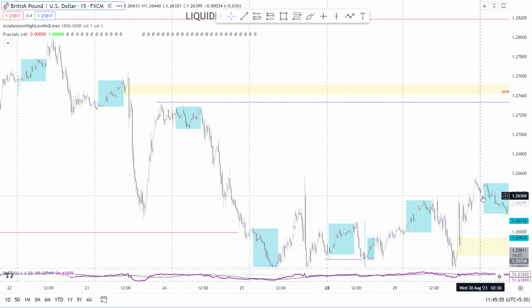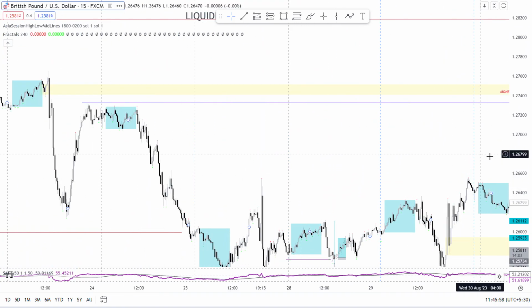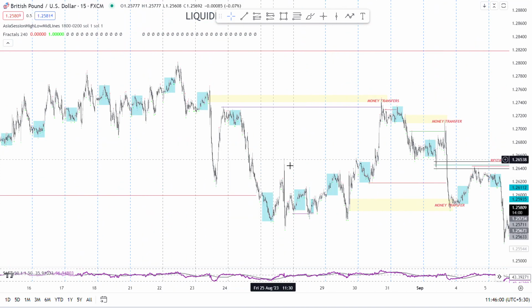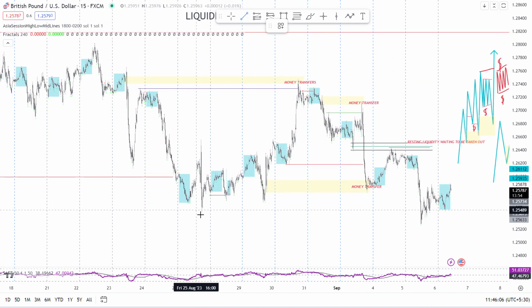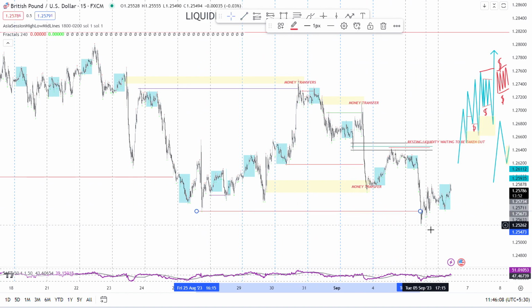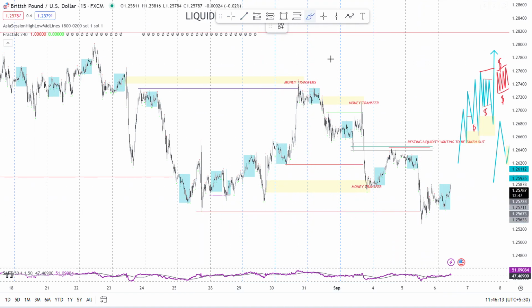First thing you should identify is the liquidity. You should zoom out of the charts and identify the liquidity in the marketplace. Where are the liquidities? You should identify it. This is one liquidity. That's why this buy move is happening, because the money got collected here.